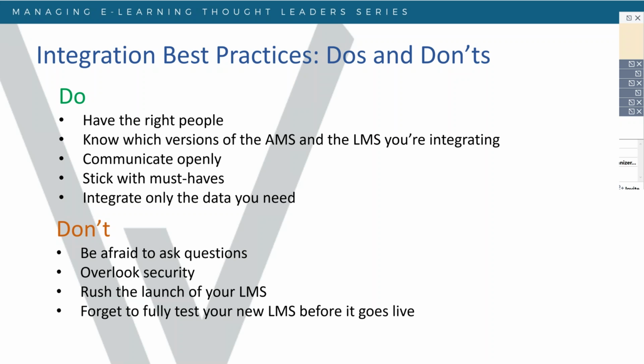There are some do's and don'ts that we recommend. The first one is have the right people in the room. And this, again, kind of goes to that technical experience, making sure your vendor is there if you need your vendor. Knowing which versions of the AMS and LMS you're integrating with. And that is really important too.